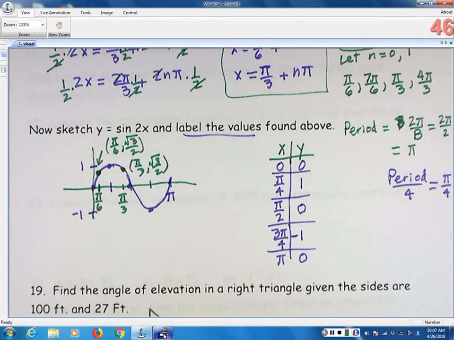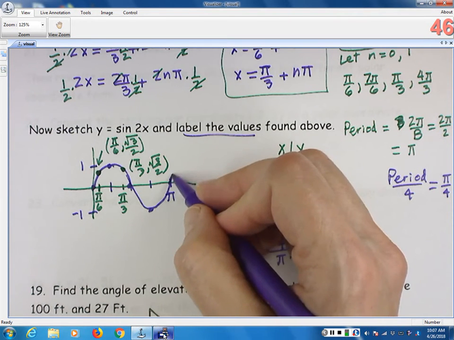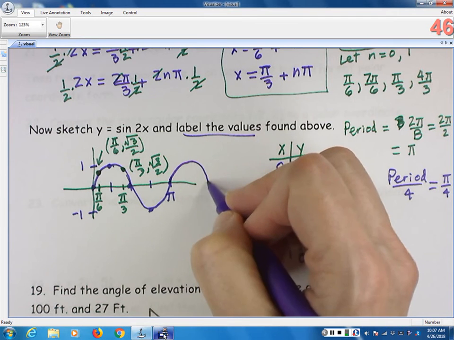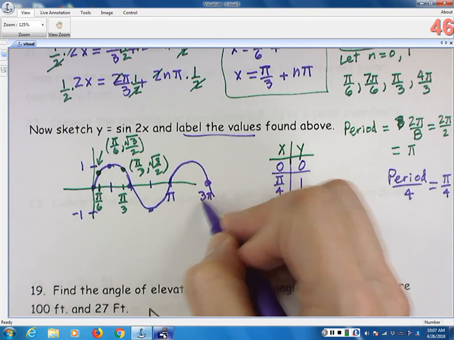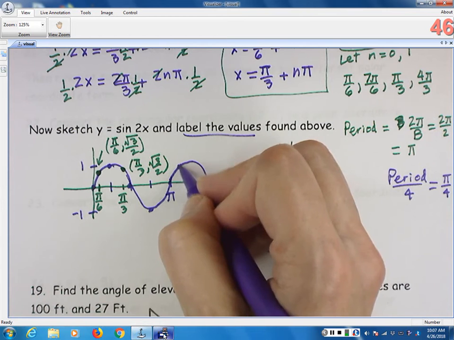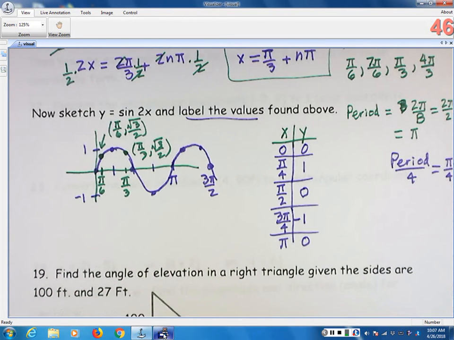Okay, and if we kept going, if we had to go to 2 pi, we'd have another set here, 3 pi. We'd have another set here and here. That would be the pi, 7 pi over 6 and the 4 pi over 3.